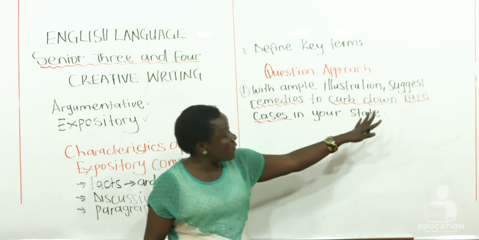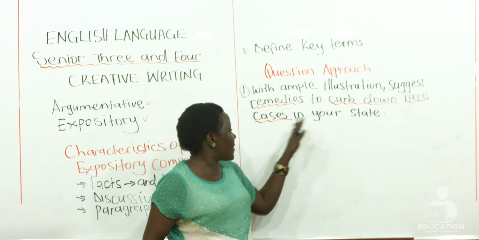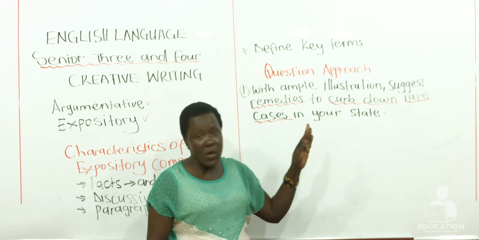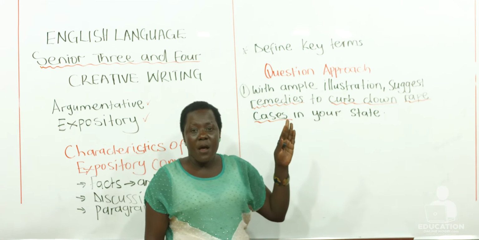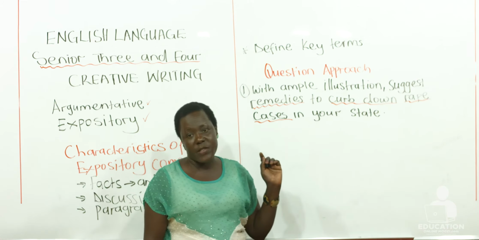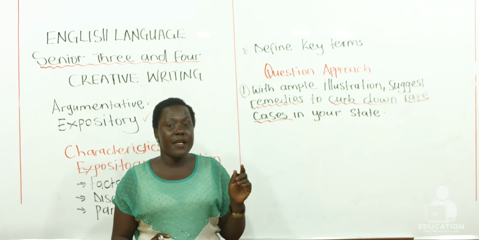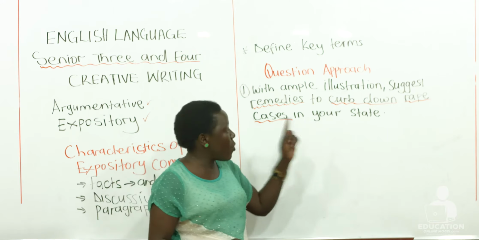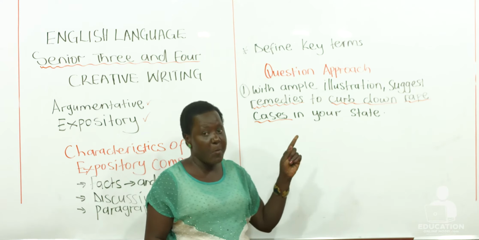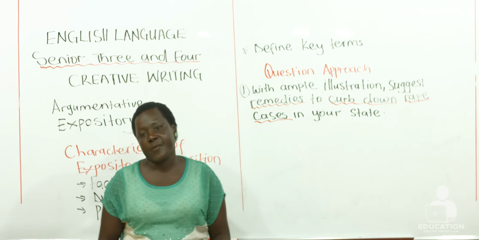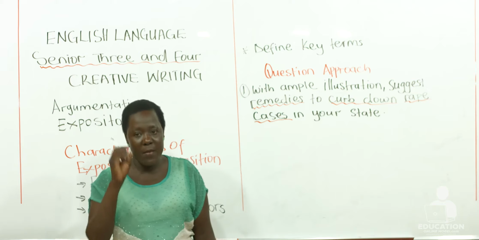Now, you will have to define rape or rape cases, but if you define rape still, it is good enough. So rape is having sexual intercourse with a person against his or her will. Remember what I put, his or her will. That means even men can be raped. It is not only women.